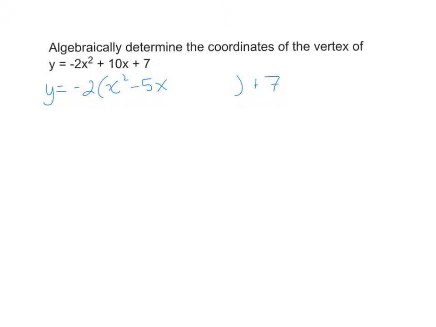The next step is the part that's actually completing the square. Make that a perfect square trinomial by adding something to it. 25? Is it 25? No, what is it? 6.25, or 25 over 4. It's half of 5 squared. We can call it 6.25, but I would usually call it 25 over 4.